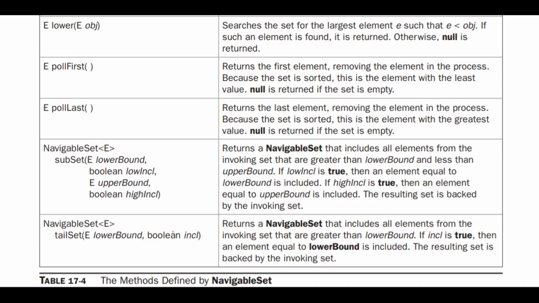Navigable sets are also capable of throwing exceptions, that is the ClassCastException, the NullPointerException, and IllegalArgumentException, which are thrown suitably when invalid arguments are passed. If an attempt is made to use a null object, then NullPointerException will be thrown. And if an object is typecast to an incompatible type, then the ClassCastException will be thrown. So these are the methods of the navigable set.